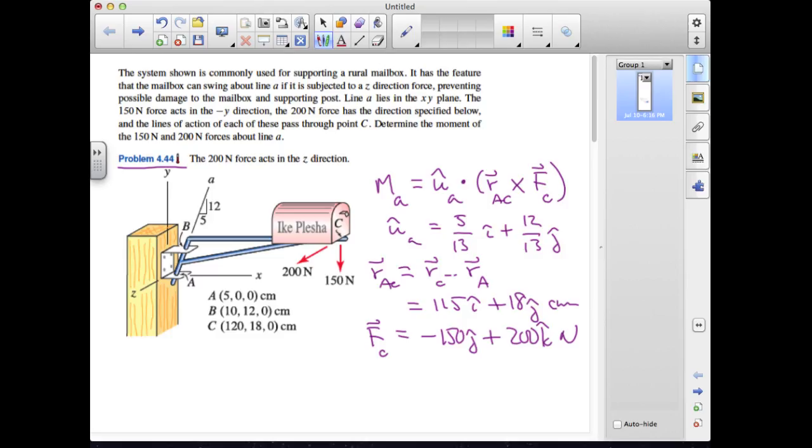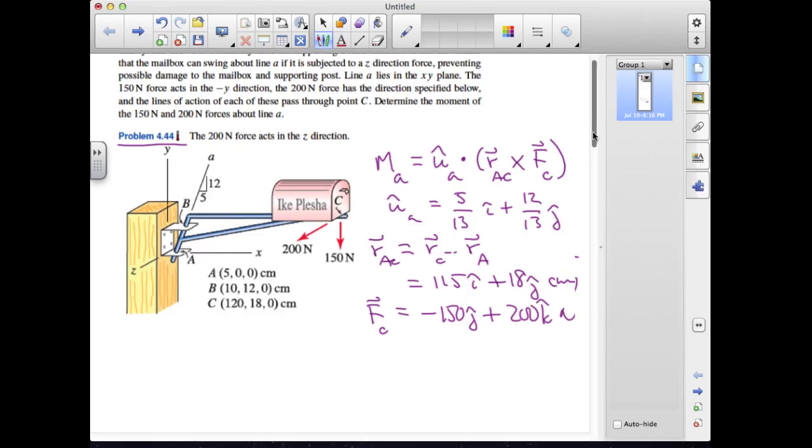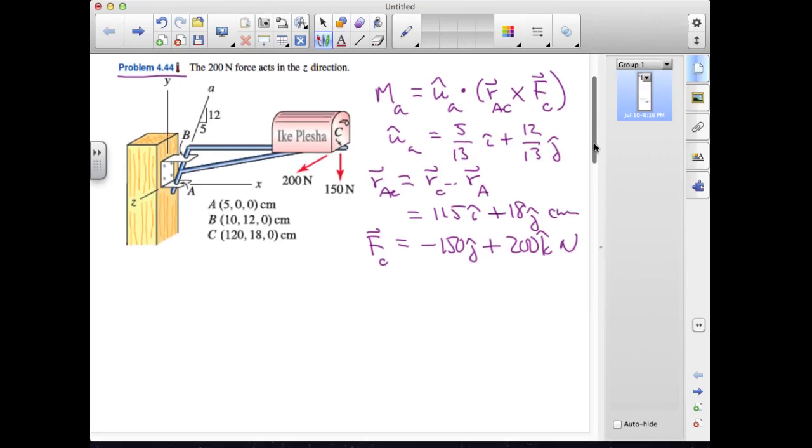So we have all the elements we need here, and I'm going to just plug this into my expression for the mixed triple product and get the results.